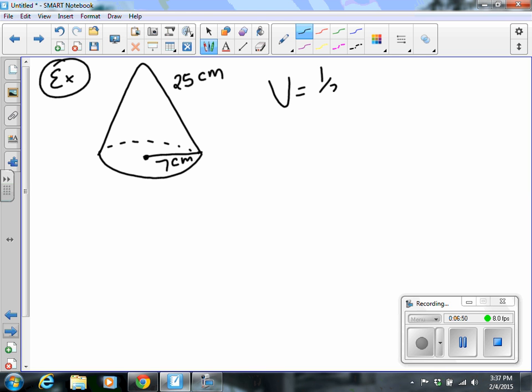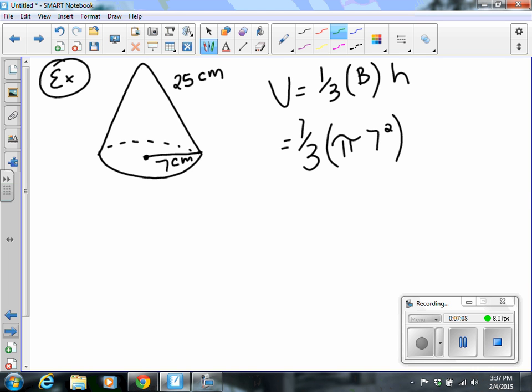Again, same formula. 1/3, the area of my base times my height. My radius is 7, so I have pi 7 squared. My height, notice right now actually I have a slant height. I need to find my perpendicular height. So I'm going to use, guess what? The Pythagorean theorem. So I have 7 squared plus h squared equals 25 squared.